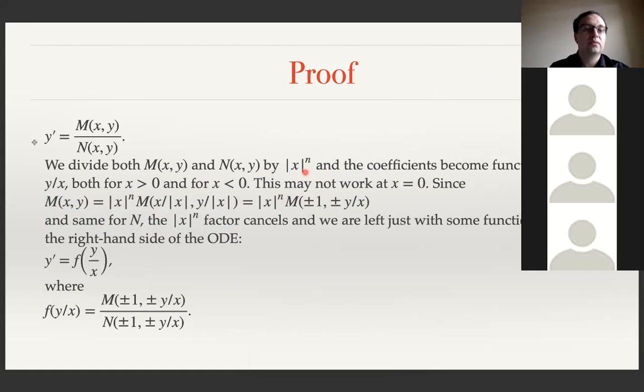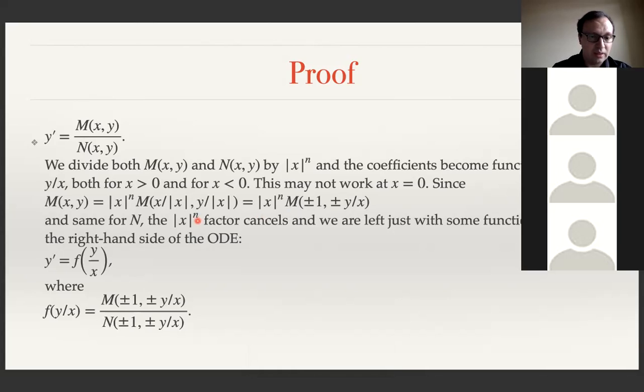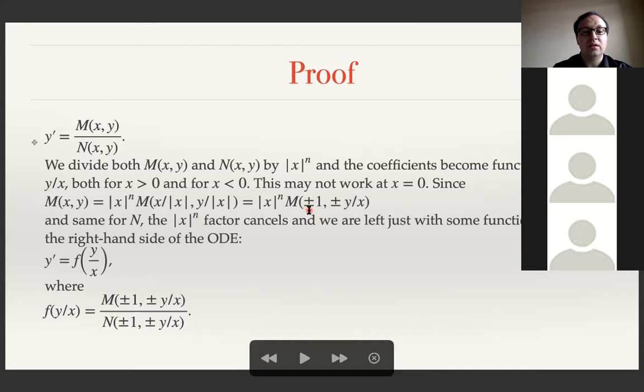All right. So, because we actually do this separately for x bigger than 0 and for x less than 0, then in each of those two cases, it's either plus 1 or minus 1. And it's either plus y over x or minus y over x. And the sign is the same.